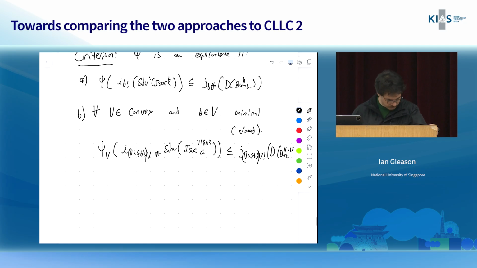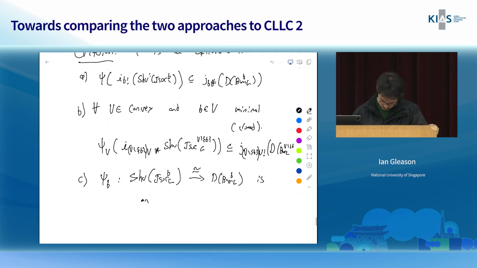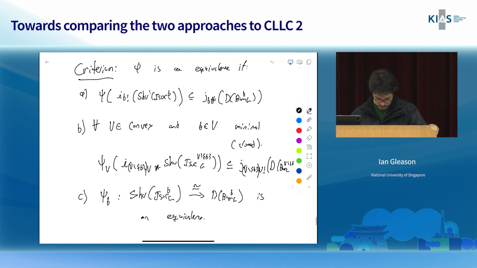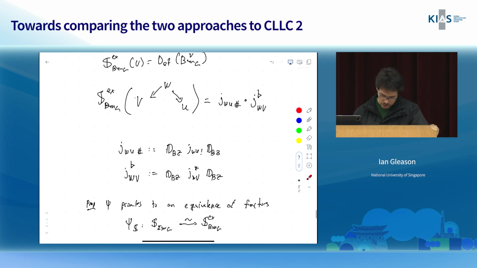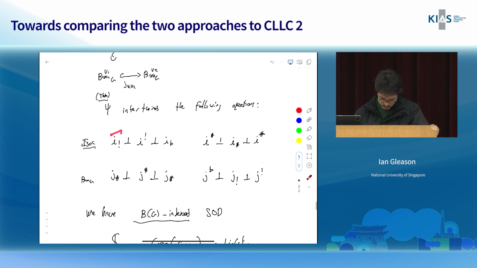And finally, the third thing we need is that PHP to this is an equivalence. So essentially, the first thing is telling us we need to intertwine lower streak with sharp, which is this one over here.